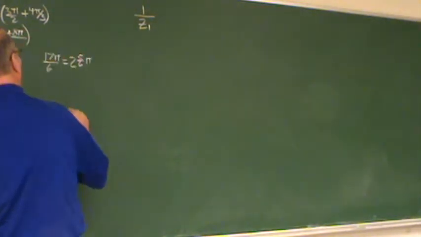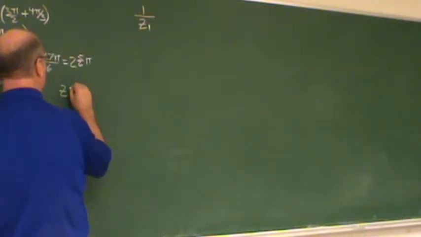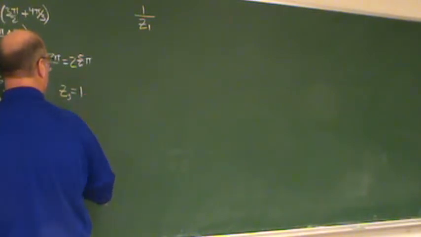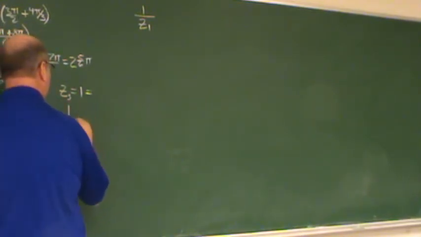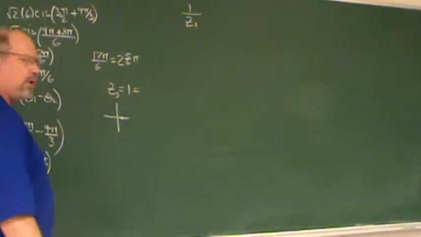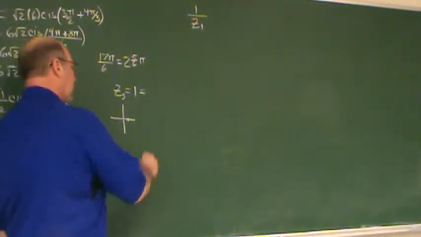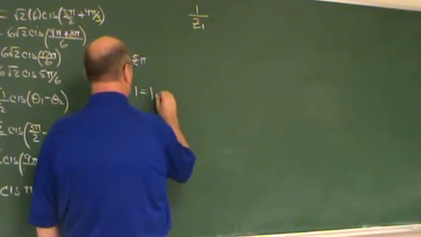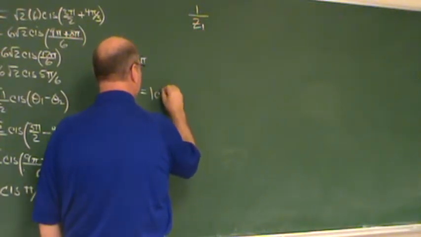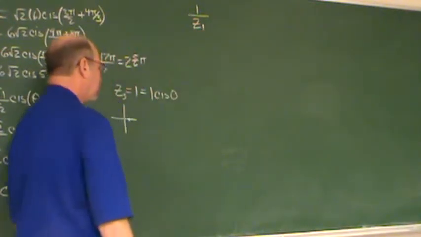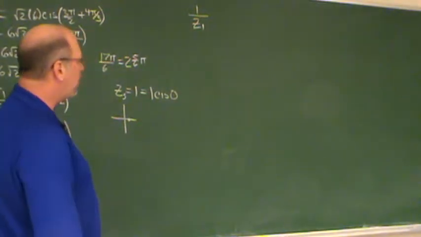Now, if Z3 equals 1, the polar representation, well, if you think about it graphically, 1 puts you there. Your magnitude is 1. Your angle will be CIS of 0 because you're at 0 degrees or 0 radians.